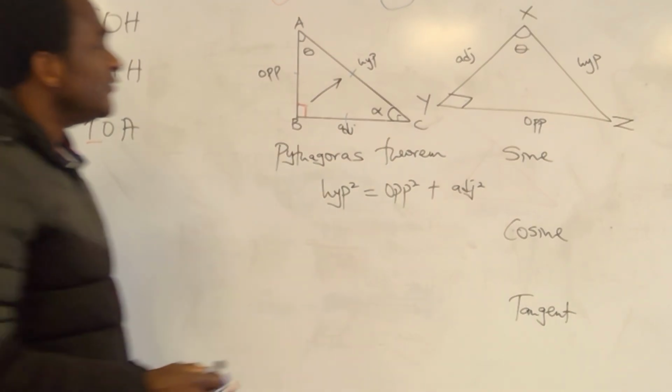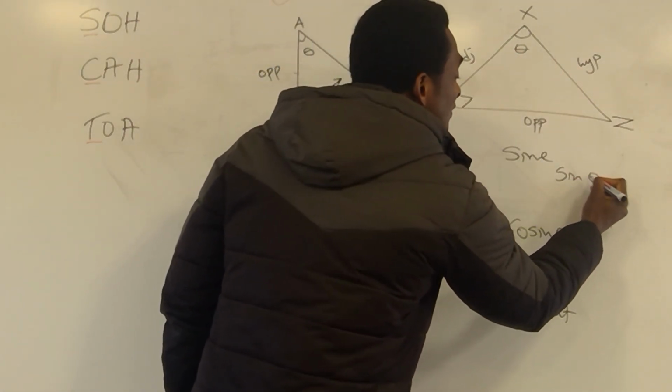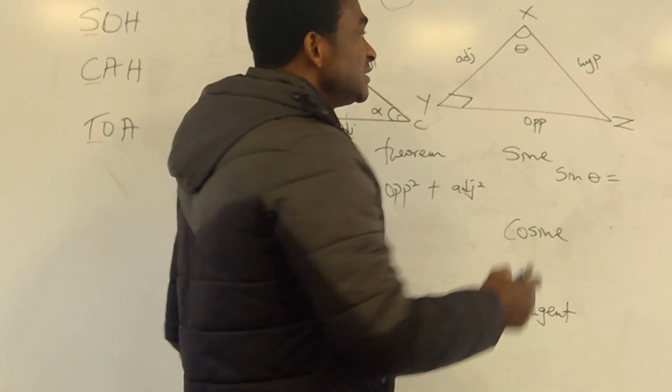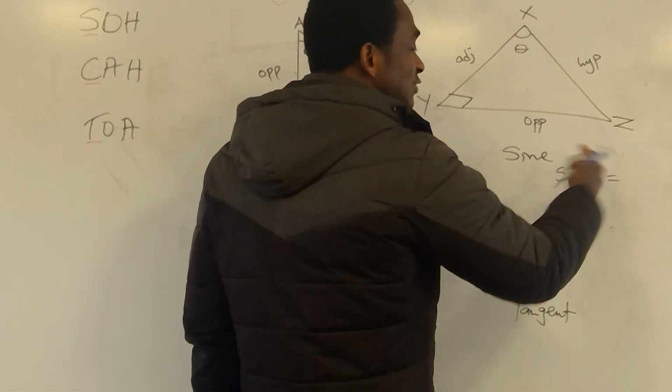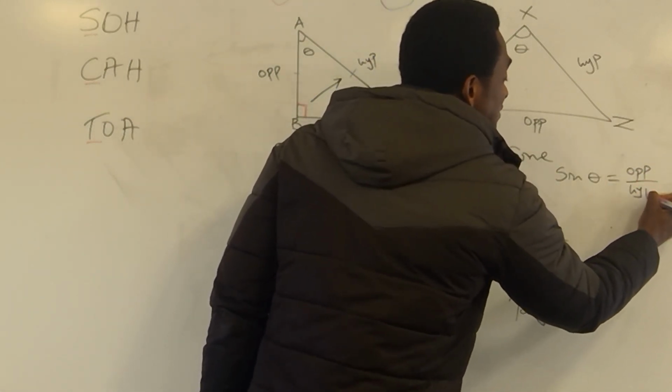So, for instance, if we have this as the angle involved, then whenever we are using this angle, it means the opposite and the hypotenuse are given, so sine of theta is opposite over hypotenuse.